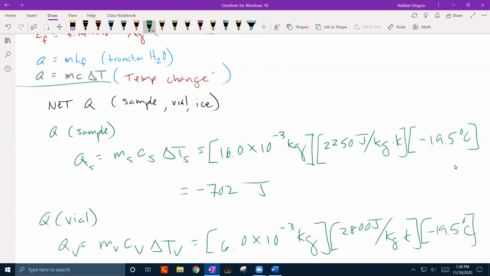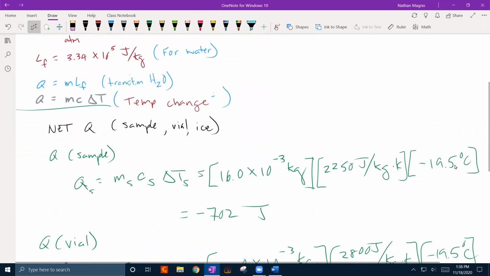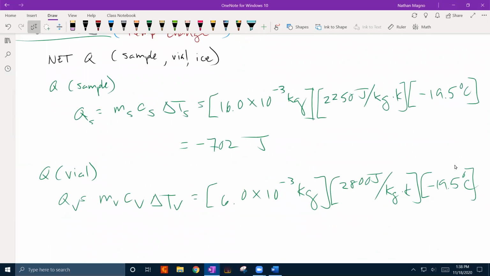Just make sure I didn't make a mistake. Oh, yeah, because they both start at room temperature, the vial and the sample. So that's why I was talking about you can leave them in Celsius, or you can convert them to Kelvin if you want. That's extra work, but to be safe, I would convert them to Kelvin personally.